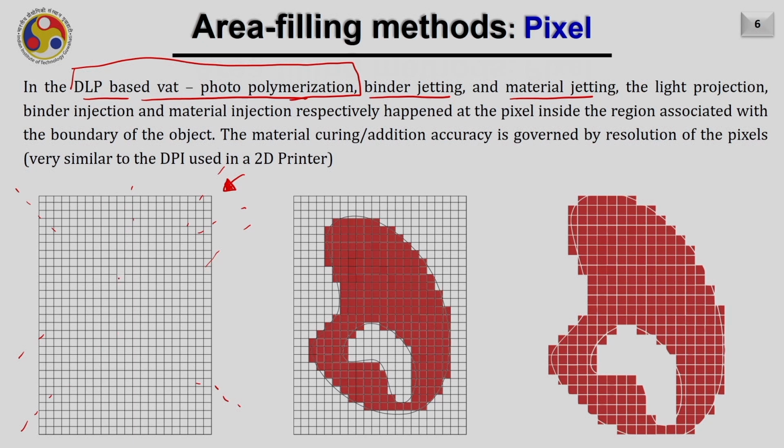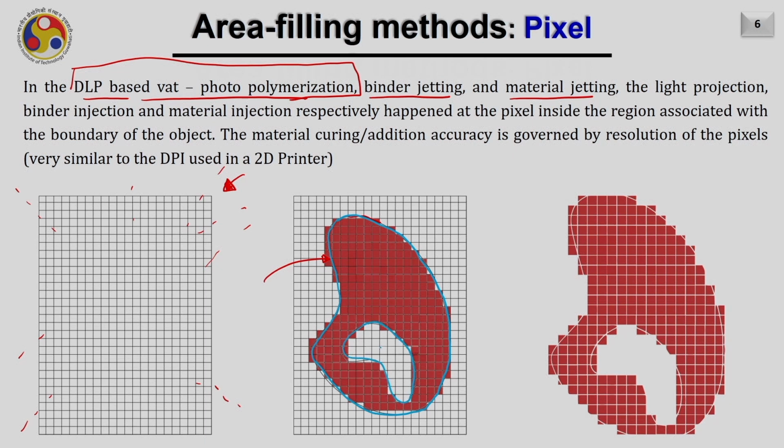Now only those pixels will be activated that fall inside the boundary we scanned through the slicing method. So as you can see, this boundary we have obtained through slicing, and the pixels falling inside this boundary are getting activated.